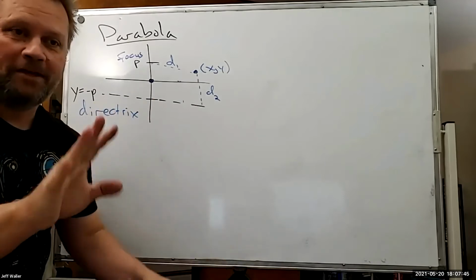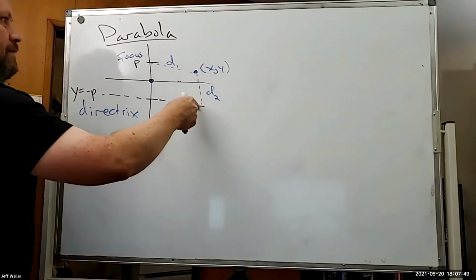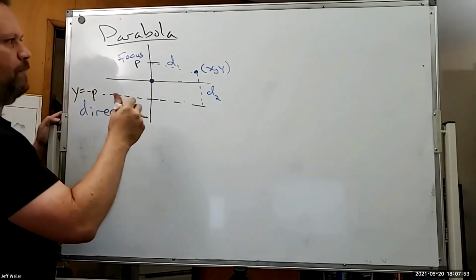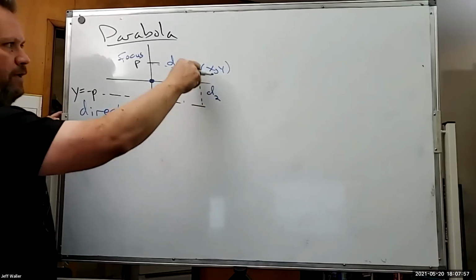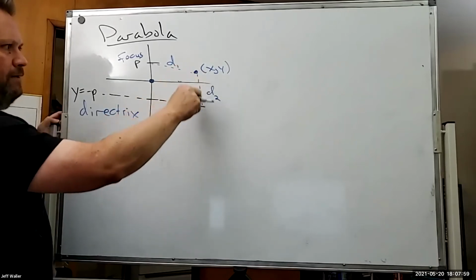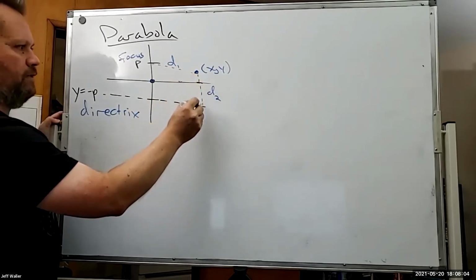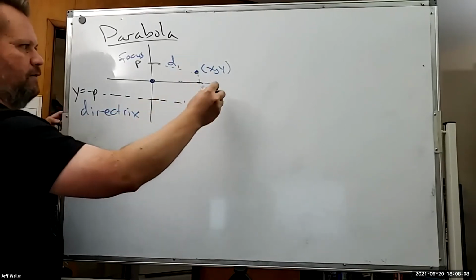Can somebody tell me what this distance is? Let's see, what is this distance here? This is the easy one. It's straight up and down, correct? So how far is it from here to there? And then I got a little bit extra, correct? So what is D2?